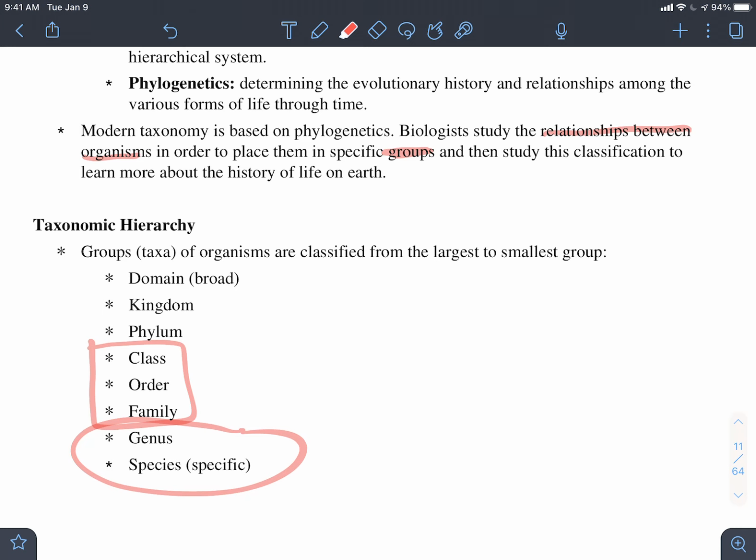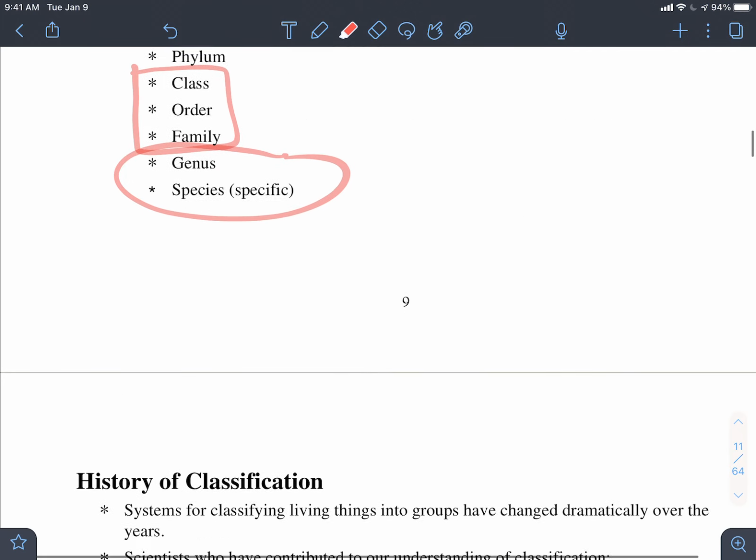There is much more interest in organizing things by how they're related to each other, not necessarily giving them a specific title for how they're related to each other, because life is continuous. Life is a stream of organisms that are changing over millennia.